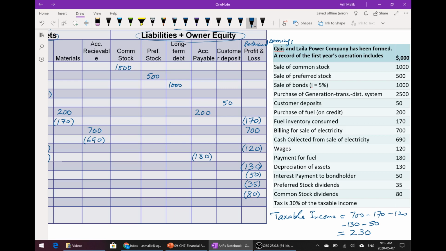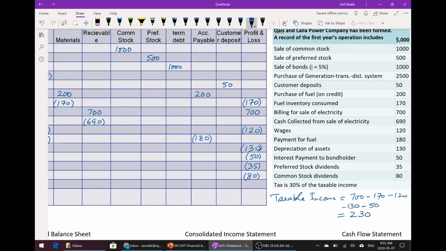And tax is 30% of the taxable income. Then 230 multiplied by 0.3 will give us the tax. So we got tax equal to 69, which is 30% of 230.